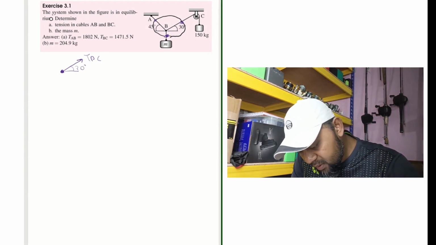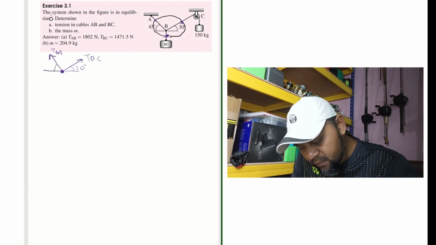And then TAB is this way, with the angle given as 45 degrees.